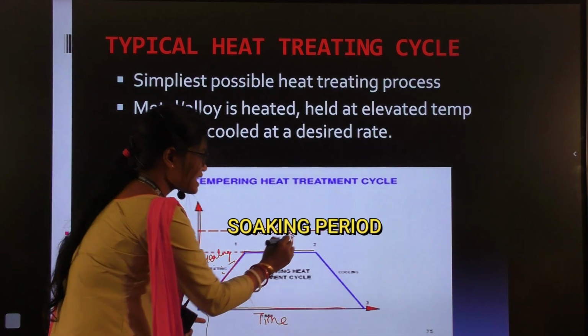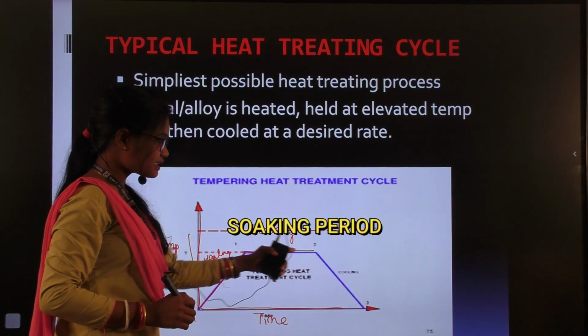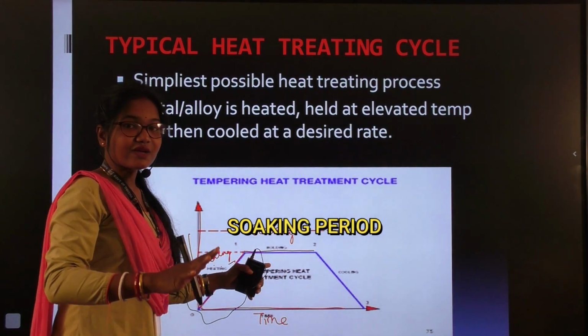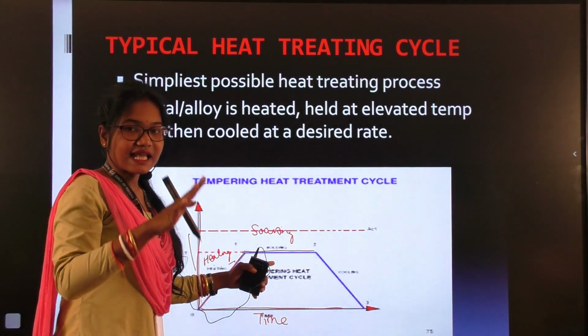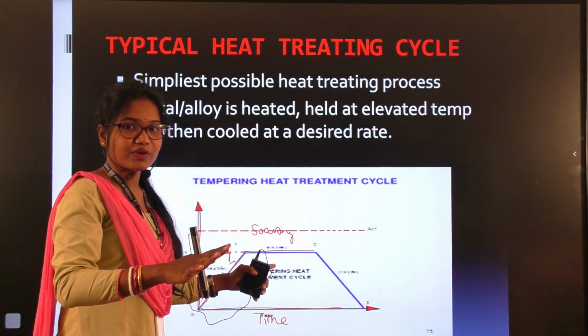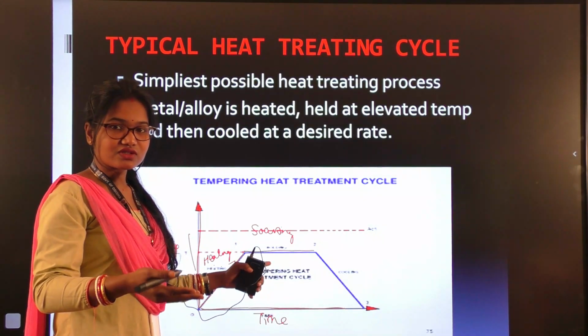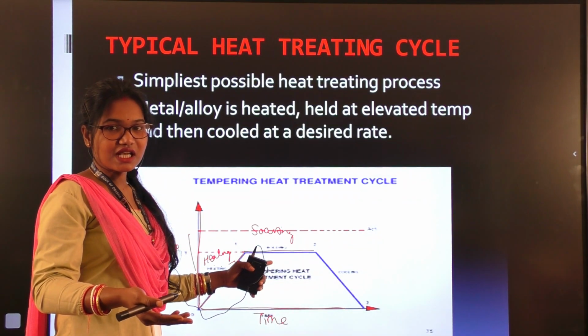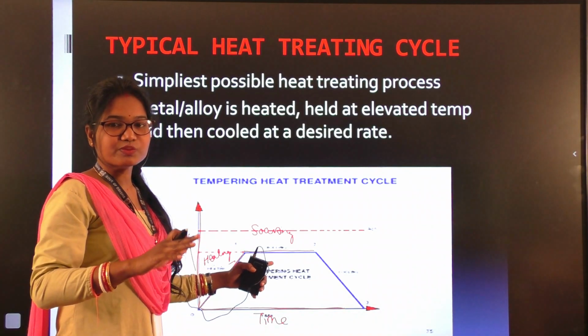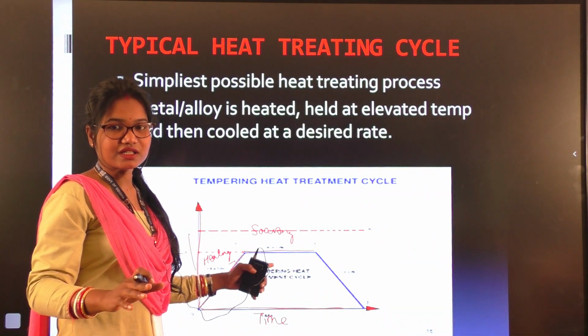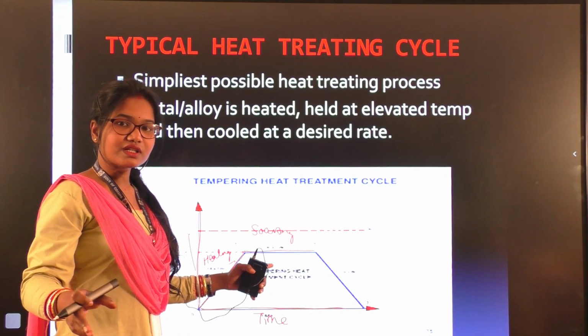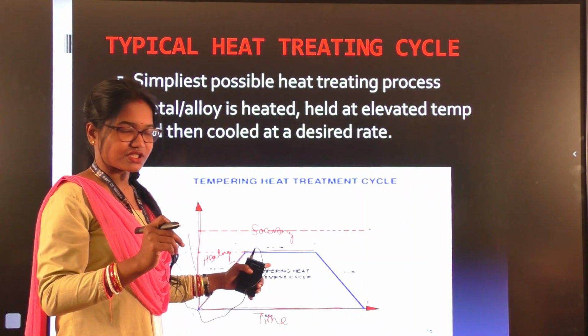Soaking period means that in this period the metal is held at that temperature for some time. It may be kept there for 6 hours or 7 hours. There is no particular duration for any kind of metal. Time durations will differ according to the applications.